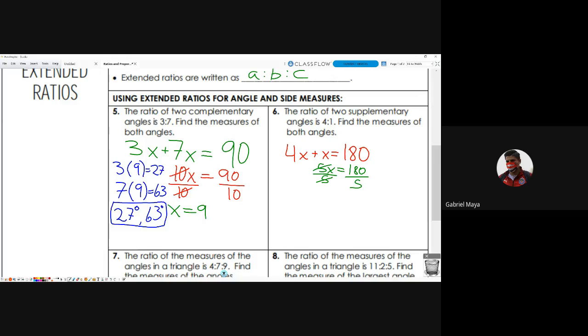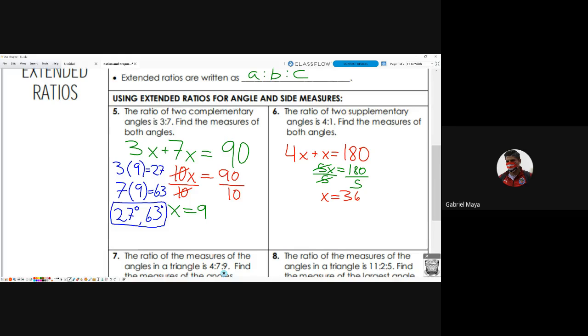That cancels out. So now we got x equals 180 divided by 5, which is 36. All right. And now that we got this, let's use blue again.